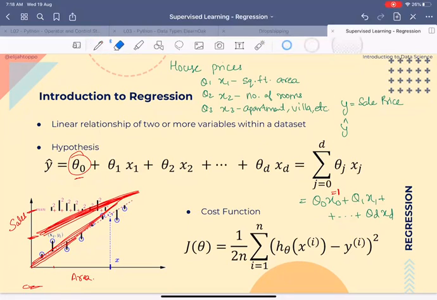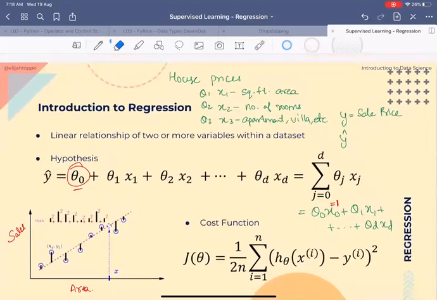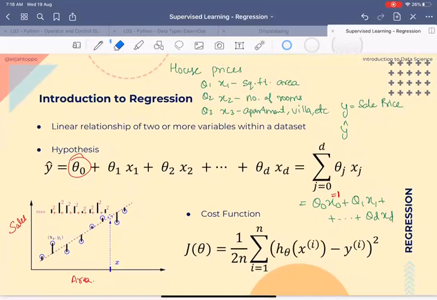In most cases, we'll see that most of our data will have some base value, and that is what your theta 0 term tries to represent. So for this to happen, you have to ensure that your x0 term is 1. By adding this term x0, we are adding an additional feature.